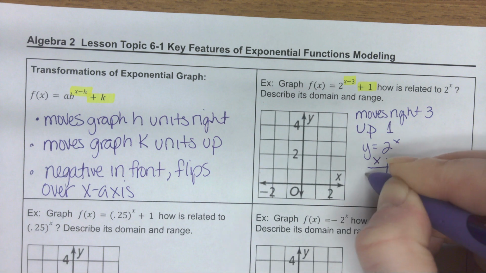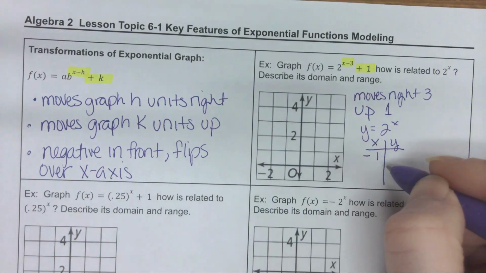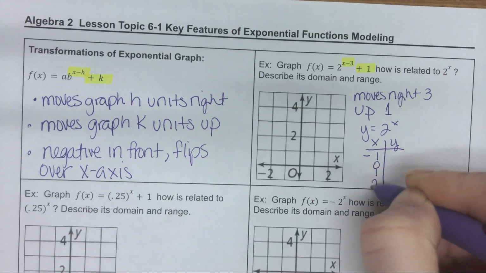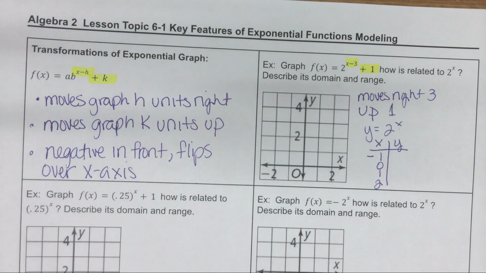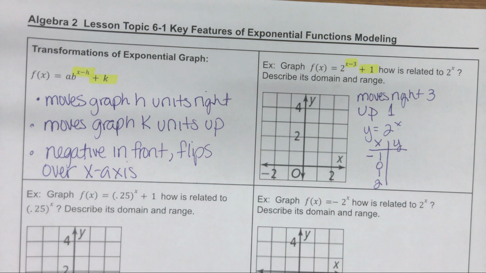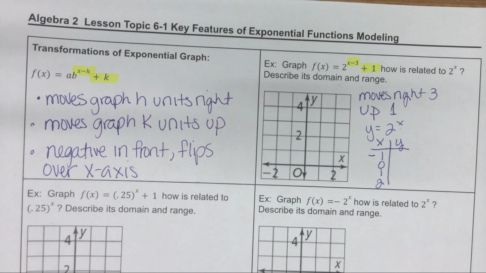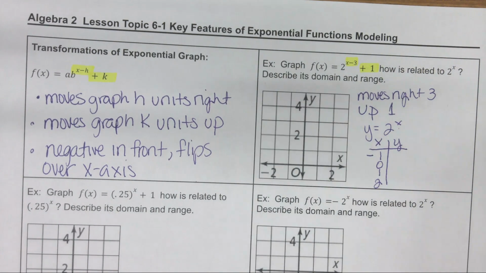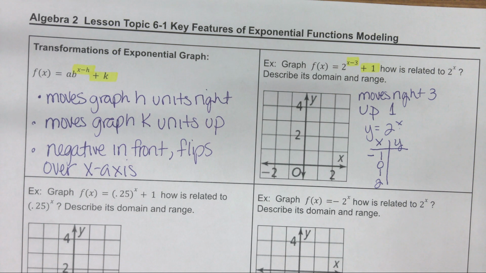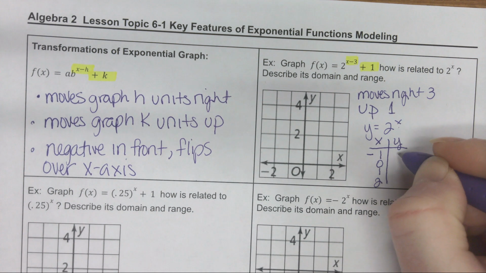Let's do 4 points again. What's 2 to the negative 1? Remember, a negative exponent means to do 1 over. So it'd be 1/2 or 0.5.